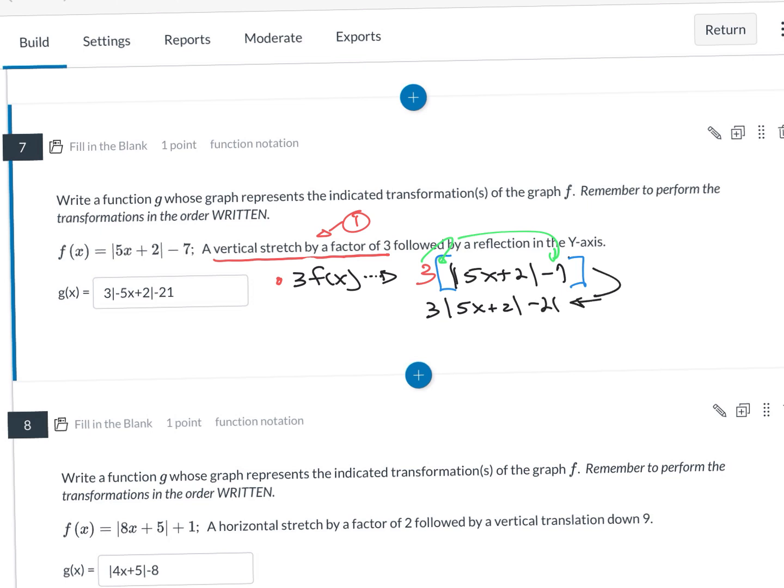And then we can work on the next step, which is to reflect in the y-axis. And you must show those bullets. So reflect in the y-axis is this notation, and then we're going to perform it where we left off. So that means we're going to take out the x and put a negative x in place of where the x is.